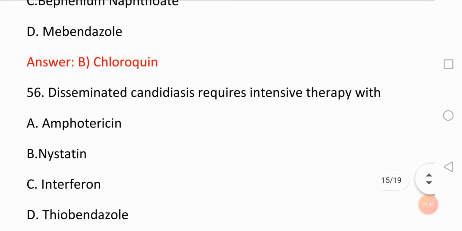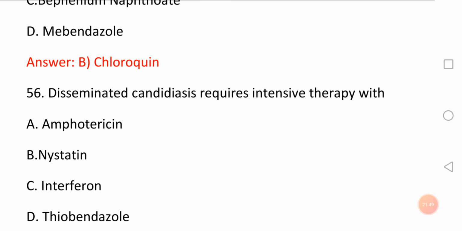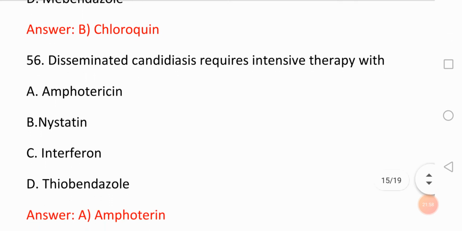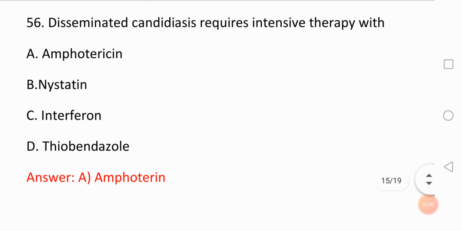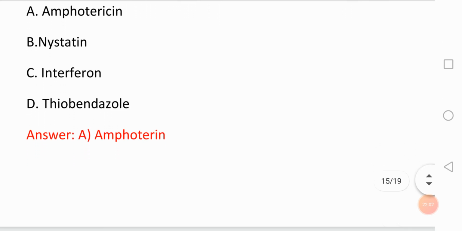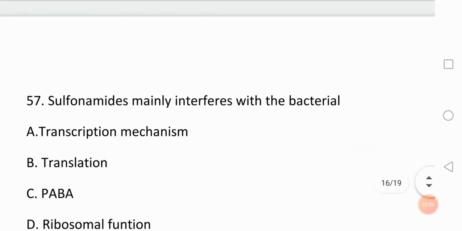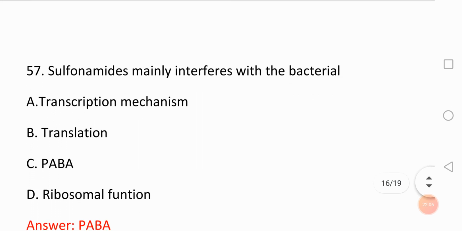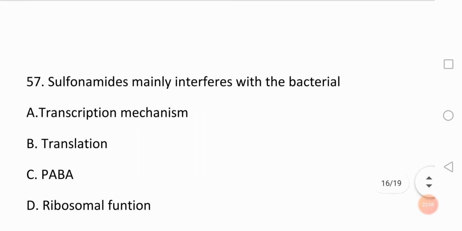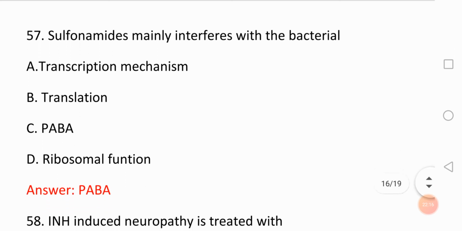Disseminated candidiasis requires intensive therapy with A. amphotericin, B. nystatin, C. interferon, and D. thiabendazole. And the answer is A part, amphotericin. Next question. 57. Sulfonamide may interfere with the bacterial A. transcriptional mechanism, B. translation, C. PABA, D. ribosomal function. And the answer is C part, PABA.